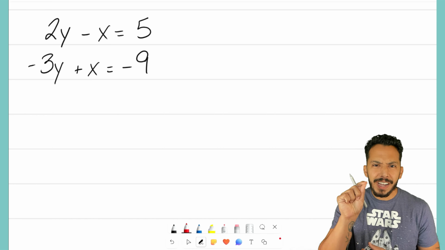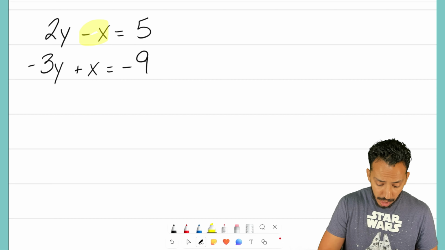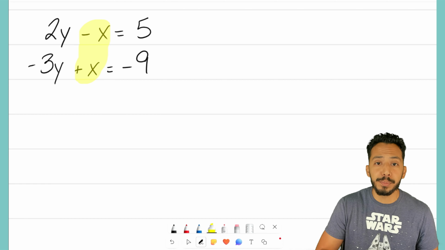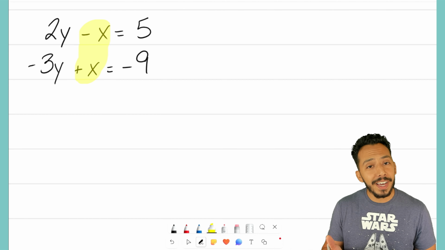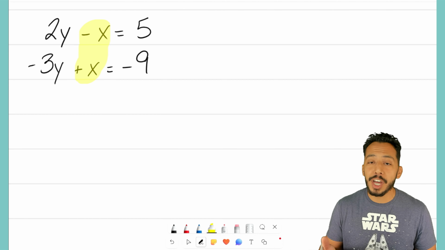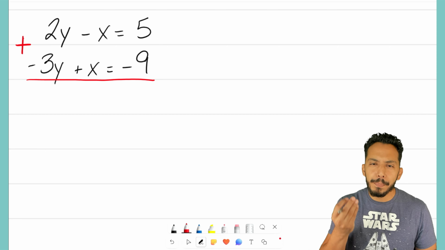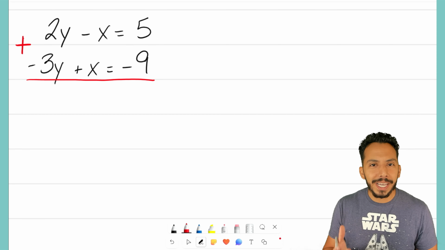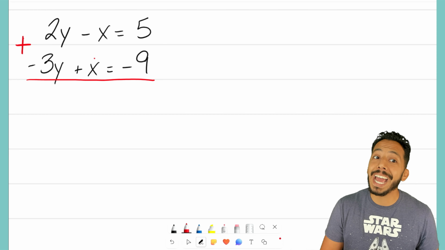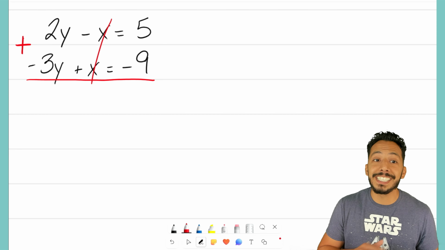Now here's why the elimination method is the best method for this problem. Look at these x variables here. One is a positive x, one is a negative x. If I were to take a big plus sign on the left hand side, a big equal bar, and combine those two equations, the negative x and the positive x, when I add those together, they zero out.